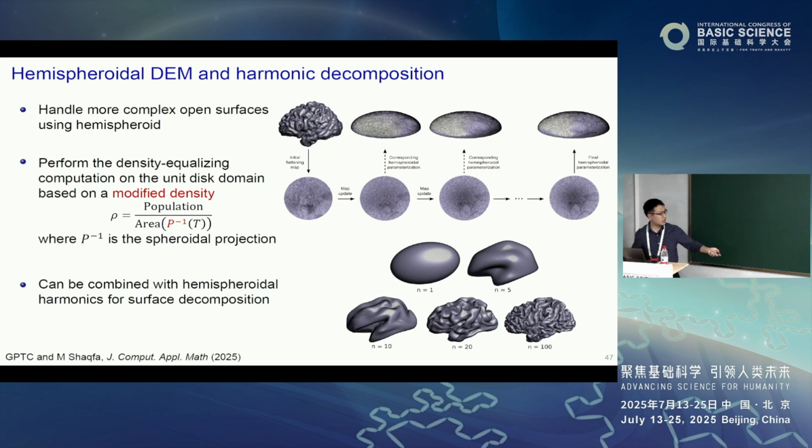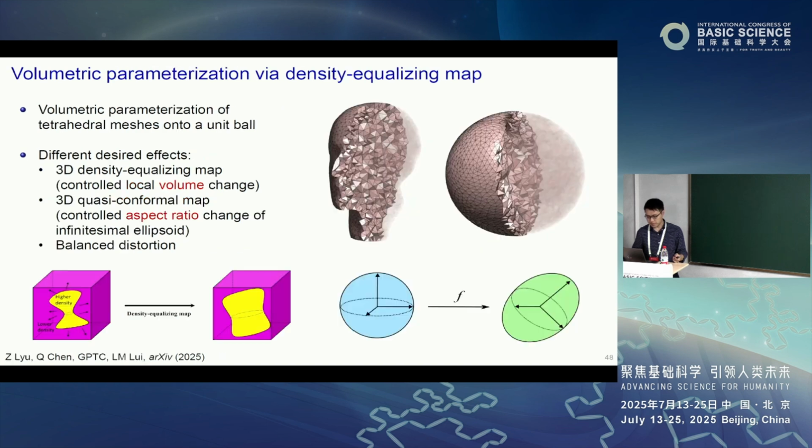In that case, we can map it to part of a spheroid, and the geometry of the spheroid can be determined by ourselves. And as we can see here, the decomposition is giving us a very good representation.